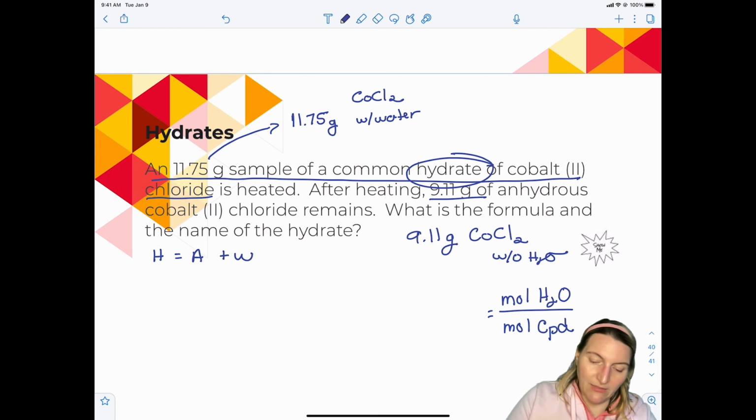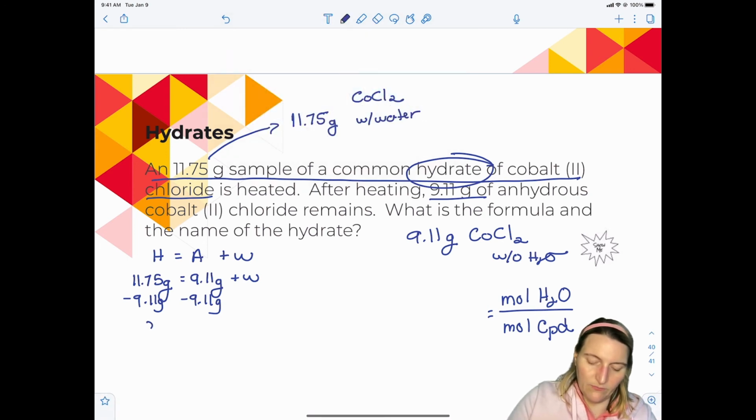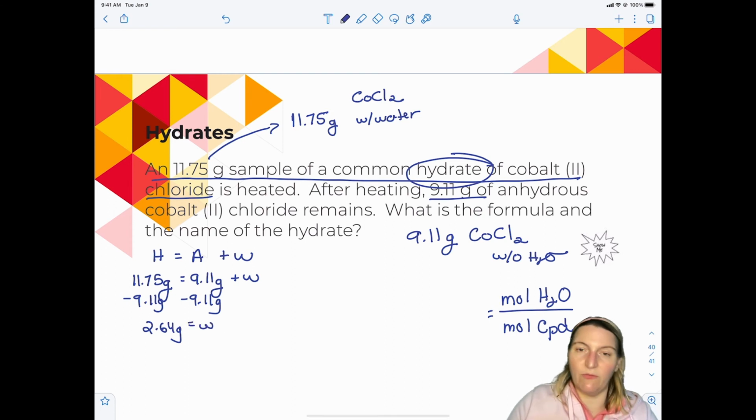So the mass of the hydrate was 11.75 grams. The mass of the anhydrous compound was 9.11 grams. And if I subtract 9.11 grams from each side, I get 2.64 grams is equal to the mass of the water.